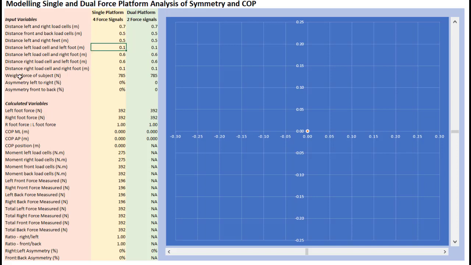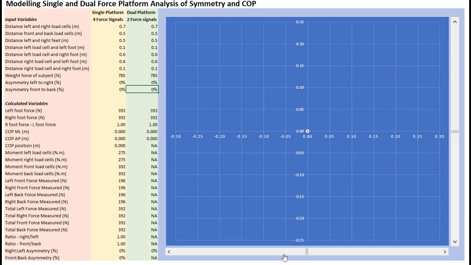We've also entered in the weight force of the participants here at 785 newtons. I've placed sliders here so that you can change the actual asymmetry. In other words, the difference between the left and right or front and back application of force here.